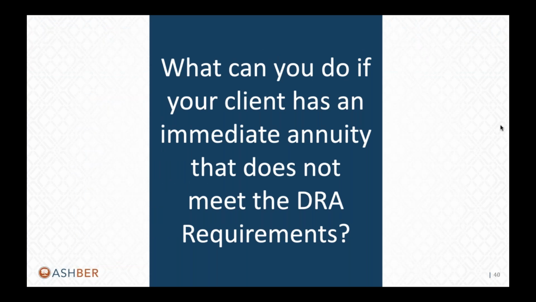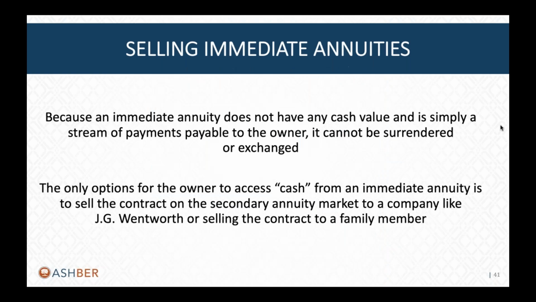What can you do if your client has an immediate annuity that does not meet the requirements of the Deficit Reduction Act? Because an immediate annuity does not have any cash surrender value and is simply a stream of payments, it cannot be surrendered or exchanged like we talked about with the deferred annuity.